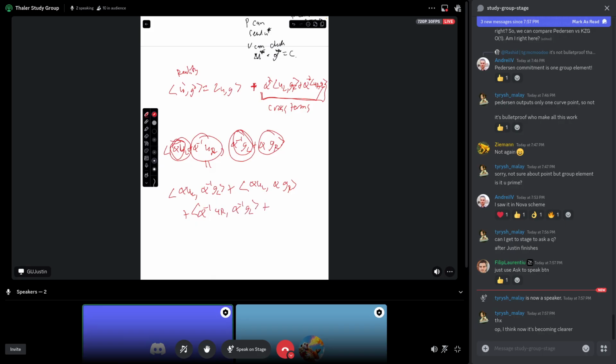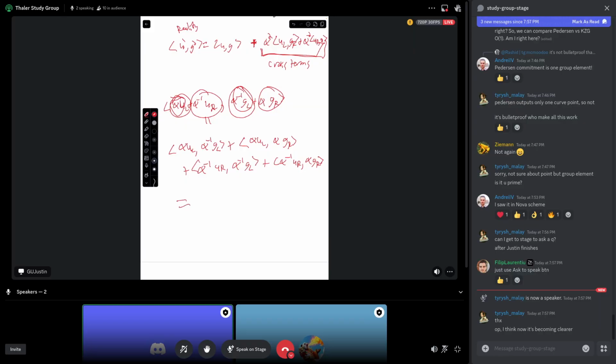And finally, alpha inverse UR and alpha GR. Then, if I have an alpha here and an alpha inverse here, they just cancel. And so we wind up with UL, GL, and from the last one, we wind up with UR, GR. And of course, as I said before, this is just U inner product G.